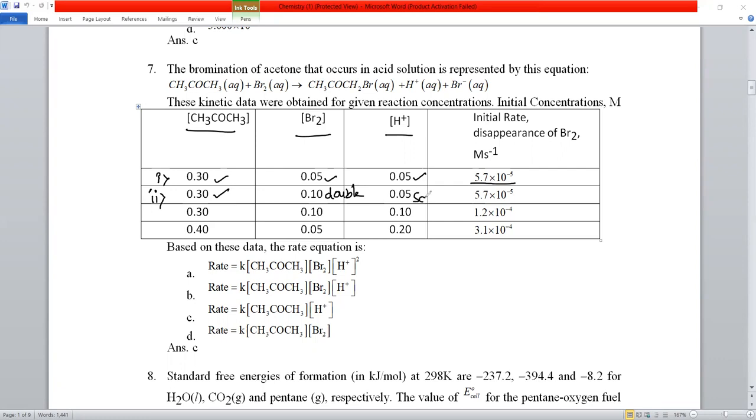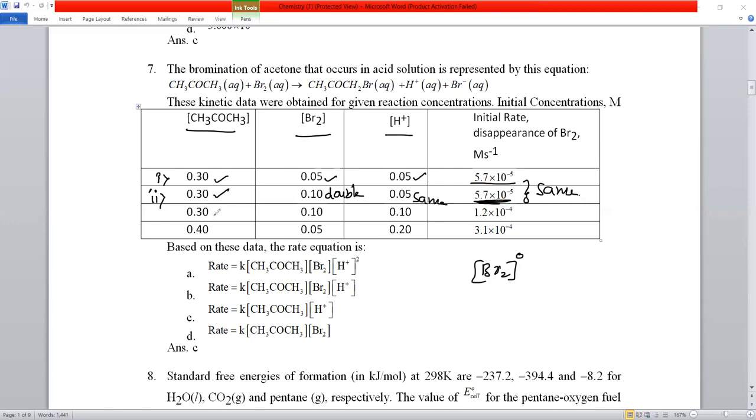Here this also is the same. Is there any change in rate? The rate is the same here. Even though the concentration of bromine is doubled, the rate is the same. So with respect to Br2, the rate is independent of concentration. Br power 0.